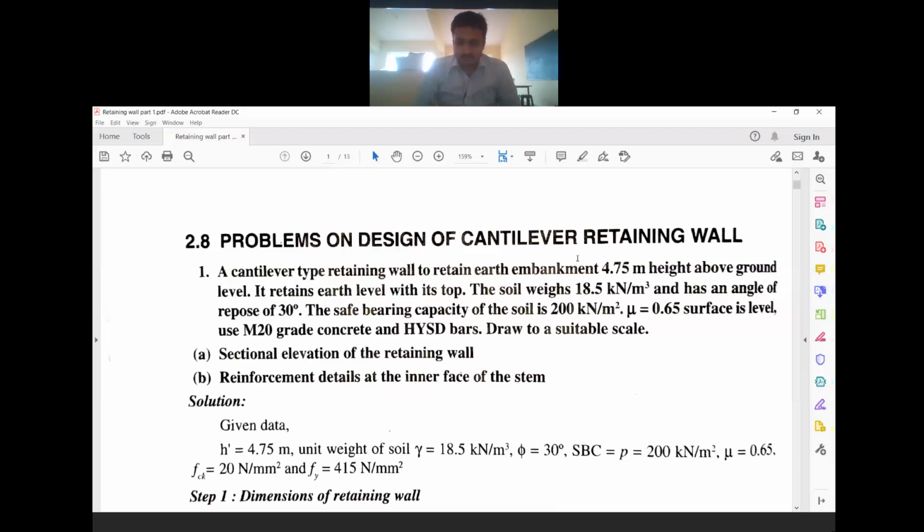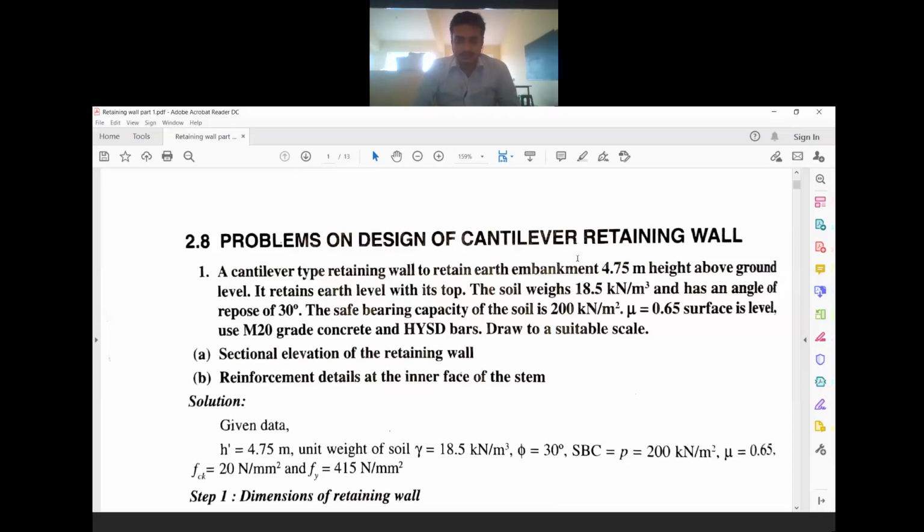So observe very carefully, and you should be very proactive to note down the important points I mention during the session. Okay. So first, we shall take a cantilever type retaining wall to retain an earth embankment of height 4.75 meter above ground level. It retains earth level with its top.